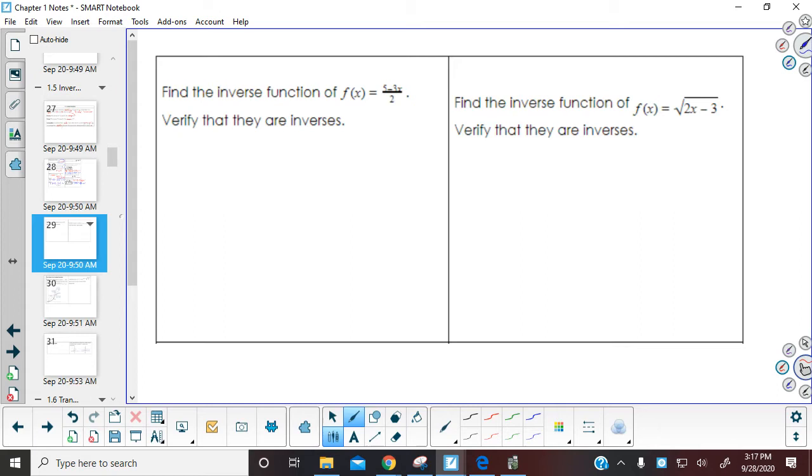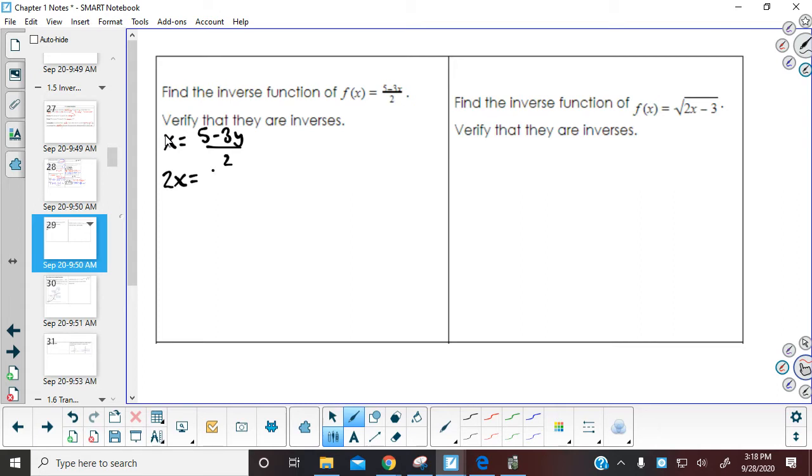If you look at the next example, we have find the inverse function of f of x equals 5 minus 3x over 2. We're going to follow our exact same steps and swap out our x and y. So the first thing we want to do is make this x equals 5 minus 3y over 2. Our first step is to multiply each side by 2.